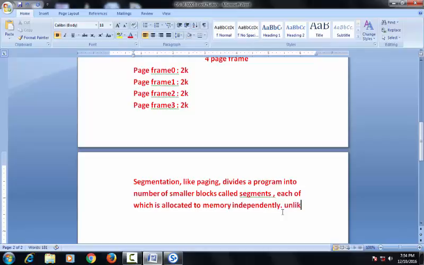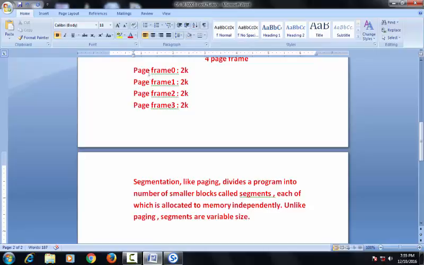Now the important thing: unlike paging, segments are variable size. Here is the important thing.